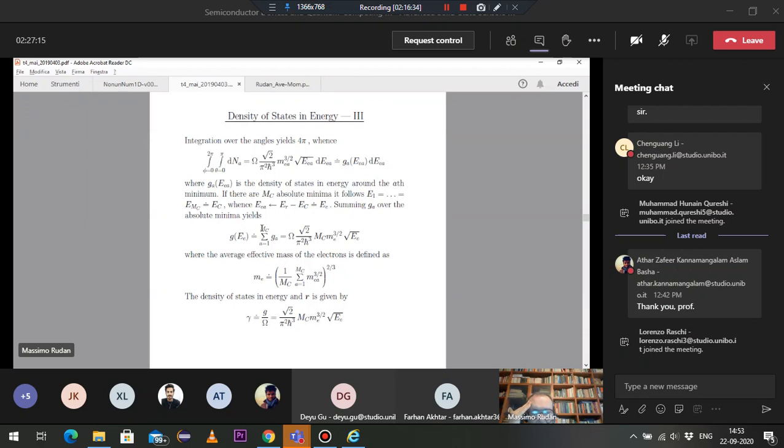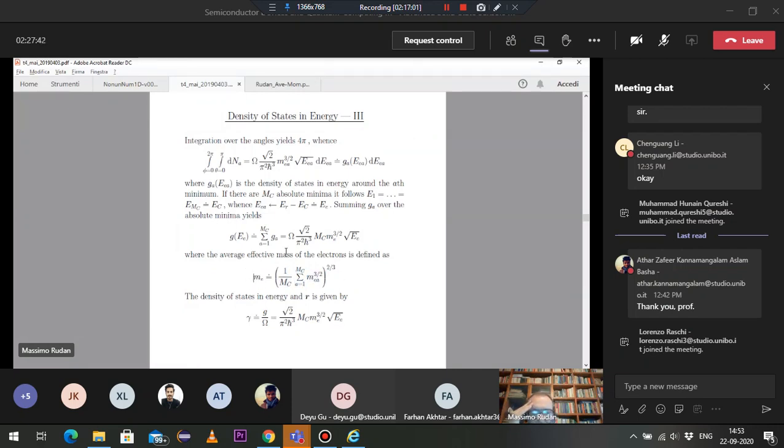So we must sum up over the mass from 1 to MC, okay? So we use a compact expression. We define some ME, the effective mass of the electrons of the conduction band. It is defined like this, okay?